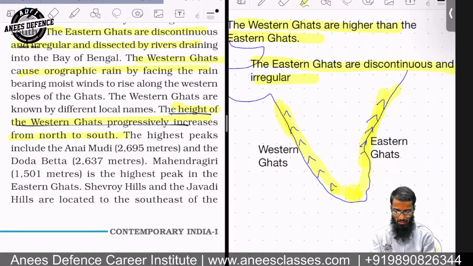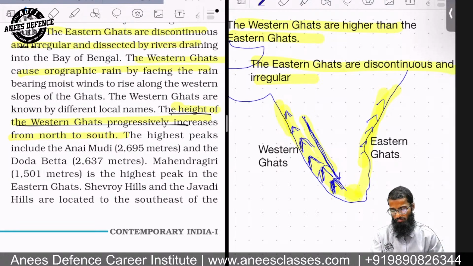General people think otherwise, but remember this: this is how the height is going to increase. From north to south, the height will increase.